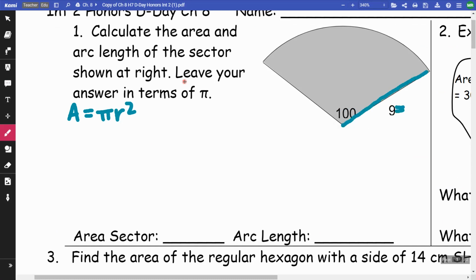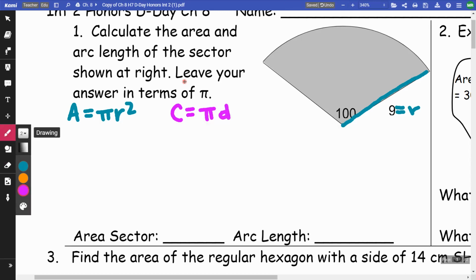So our radius is going to be that 9. Circumference, I'm going to write two equations for circumference. Pi times diameter is one of them. Or a diameter is really 2 radii, so it's also 2 pi r.